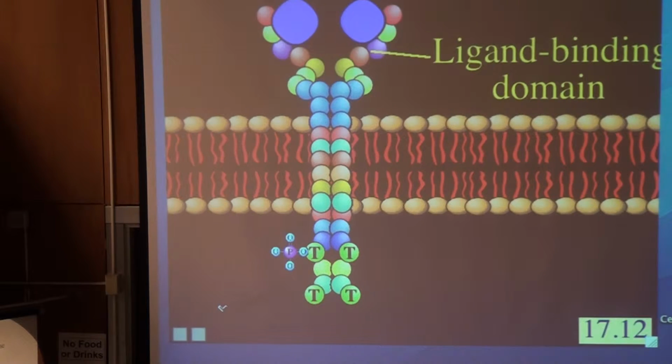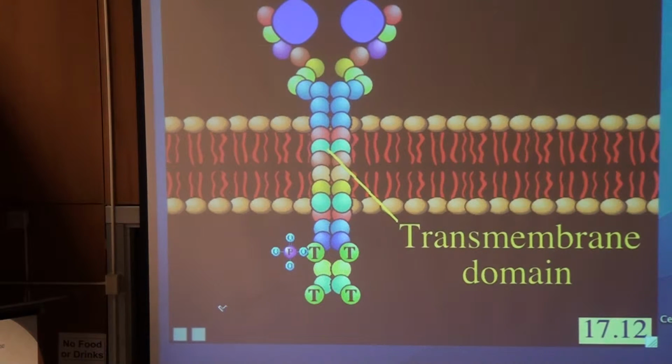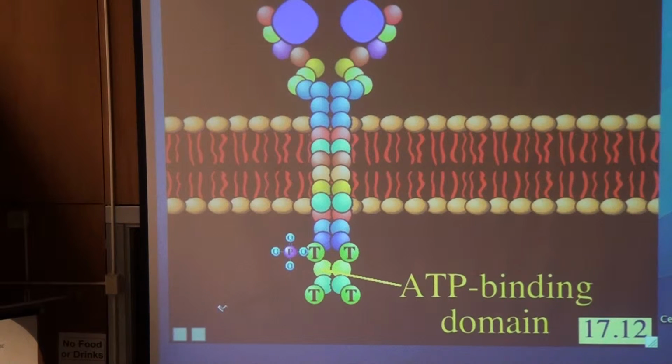That's the ligand binding domain. And the part that's in the membrane anchors the receptor to the membrane because that's a hydrophobic domain. And the part towards the inside is the part with enzymatic activity. It binds ATP, so it has an ATP binding site, and it also has a site where it takes phosphates from the ATP and attaches them to tyrosine amino acids.